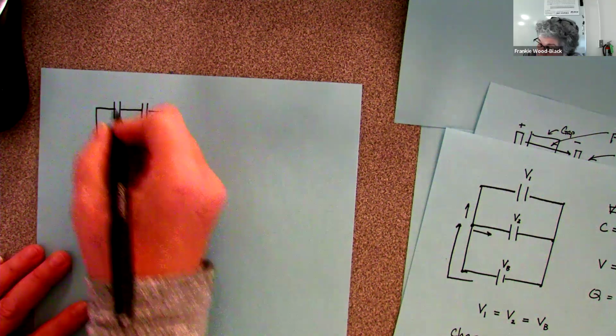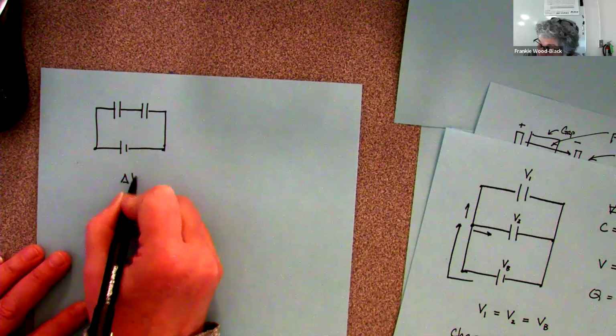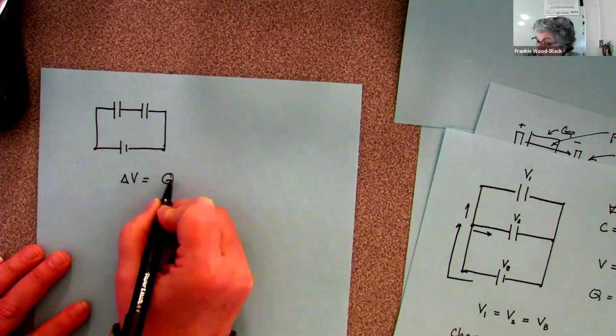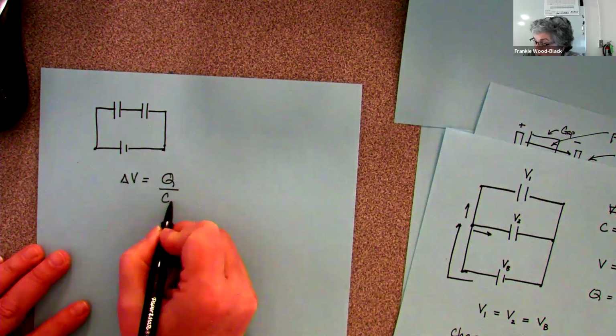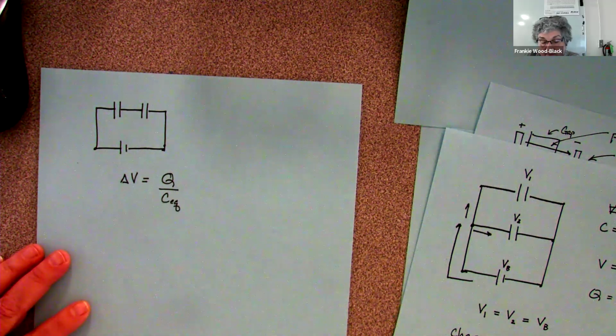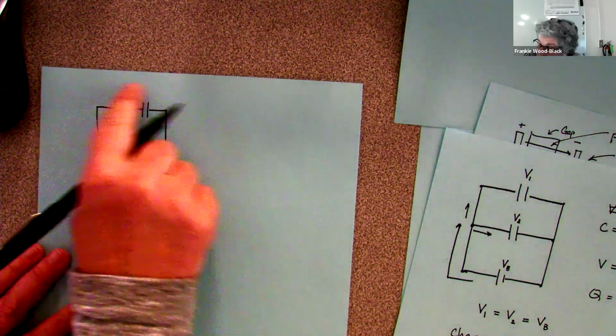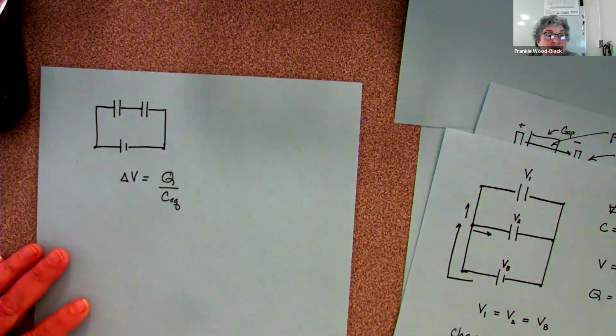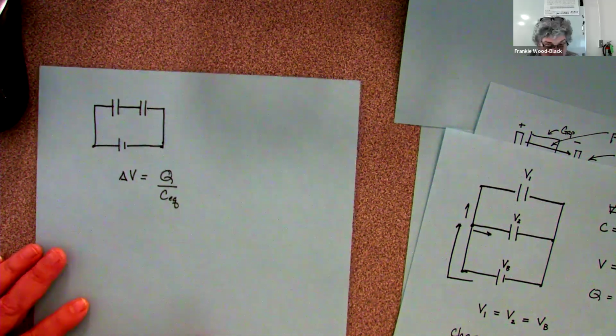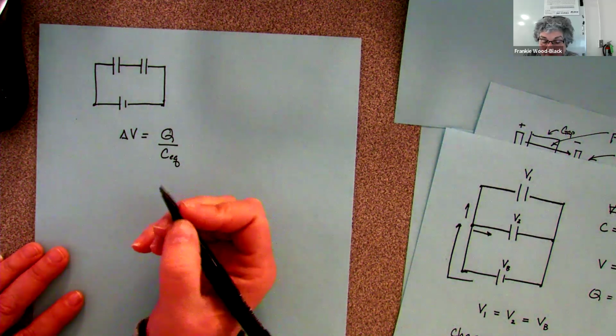My change in voltage here is going to equal the Q over my equivalent capacitance, but my charge in the system is going to be the same.